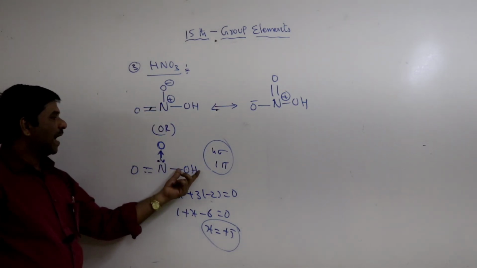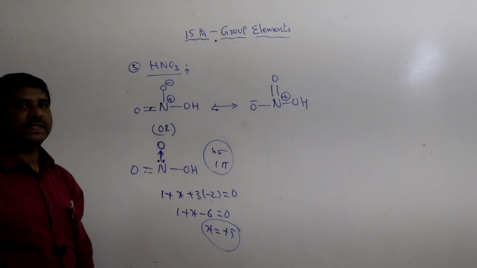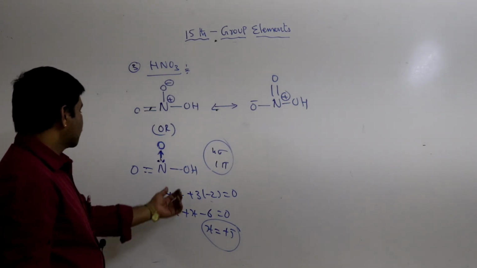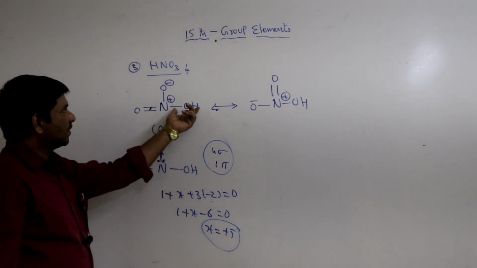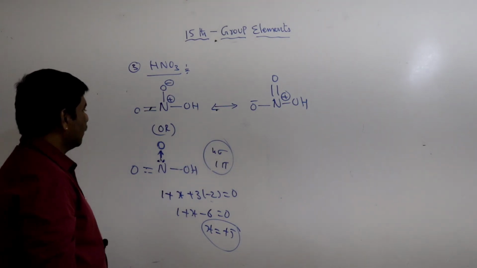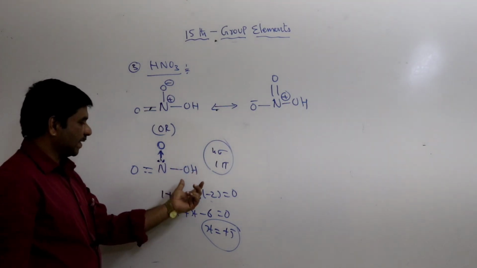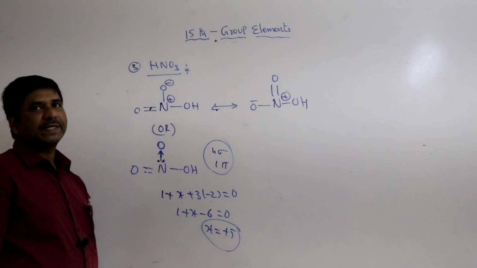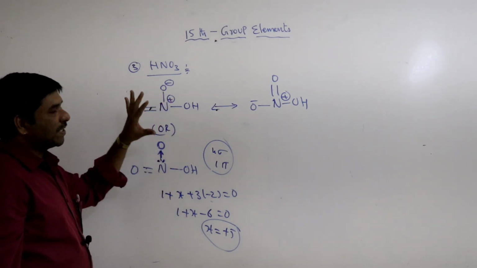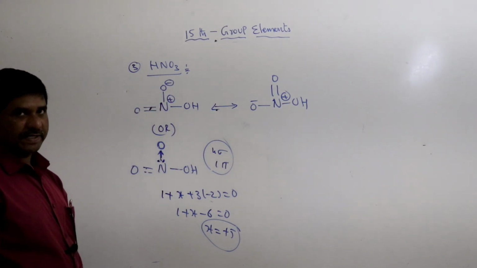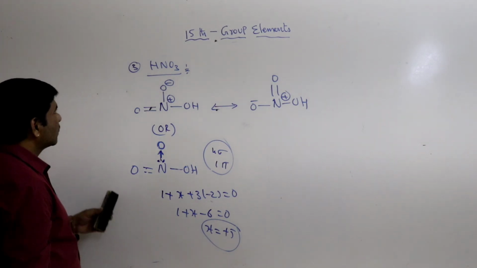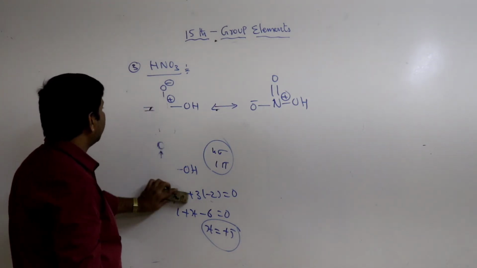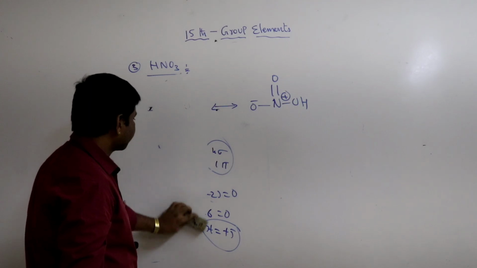The OH number is called acid basicity, so its acid basicity is 1. Its oxidation number is the maximum possible. So these are strong acids. Nitric acid is a strong acid.